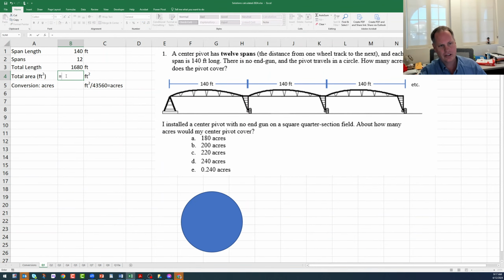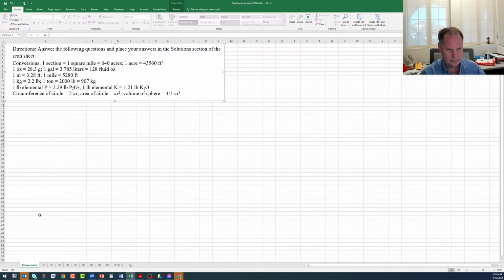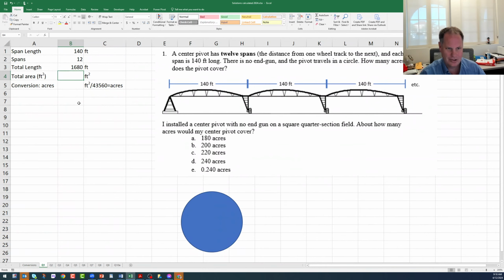The total area in square feet is simply going to be pi times the length squared. If you can't remember pi, use 3.14. Your calculator probably has that on there. I don't actually have a shorthand of that, but I feel like that's something that's in general knowledge here.